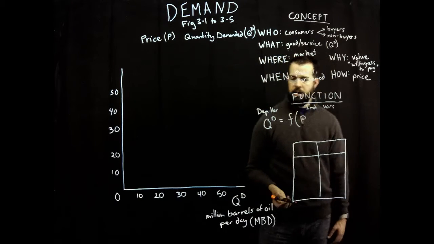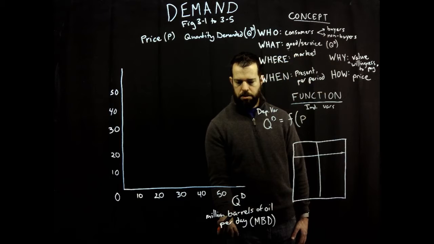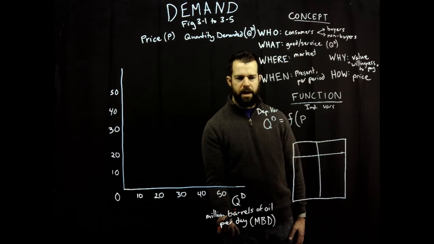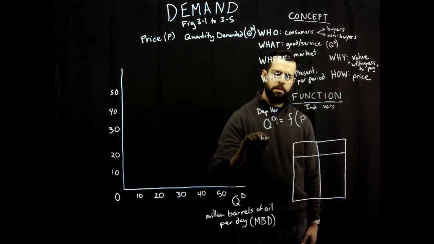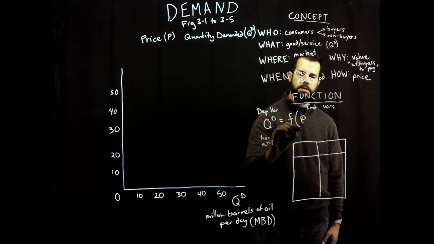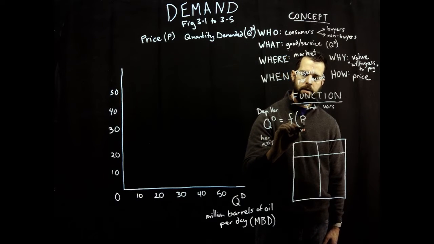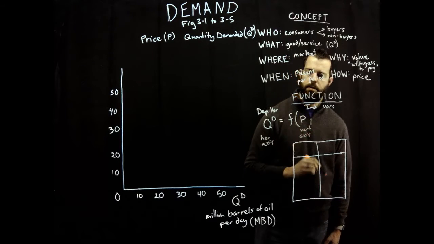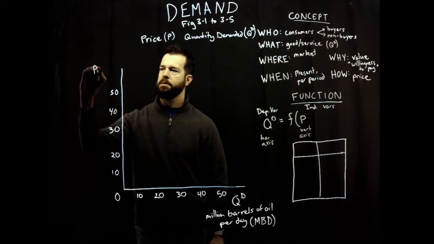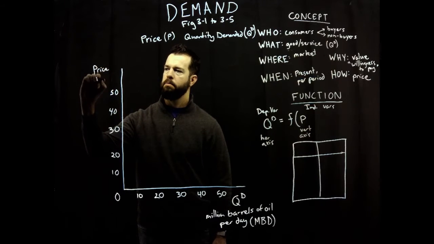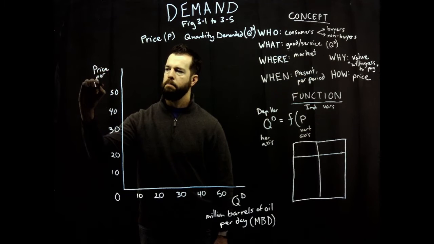And you already saw here that the quantity demanded is being shown on the horizontal axis, and the price of the good per barrel today is on the vertical axis. Okay. So go ahead and put that in here. Price per barrel.